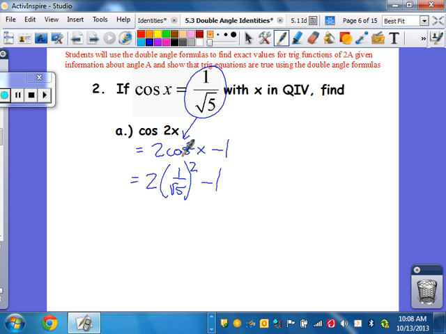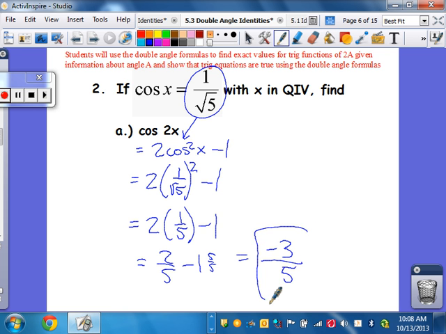I can just dump it in. I square it, which is just what, 1/5 minus 1. And then I have 2/5 minus 1. So 2/5 minus, and if you think about this as 5/5, 2 minus 5, -3/5. Winner, winner, chicken dinner.